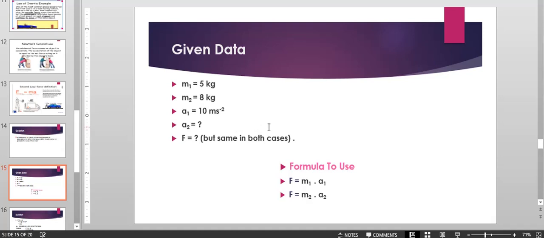keeping the force constant. So the formula that we will use here is the same, F is equal to ma. So F is equal to m1 a1 and F is equal to m2 a2.